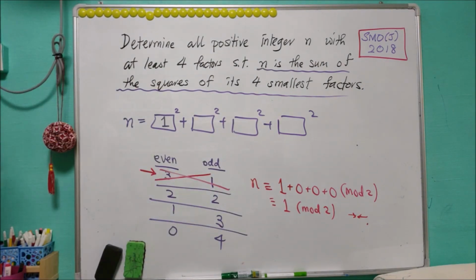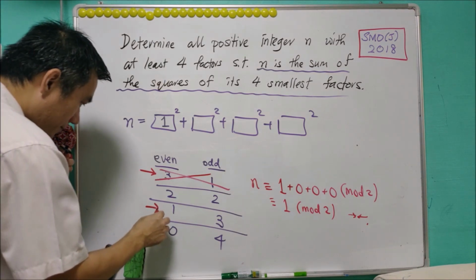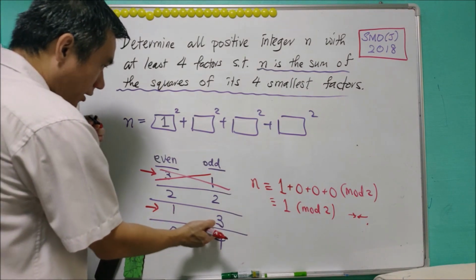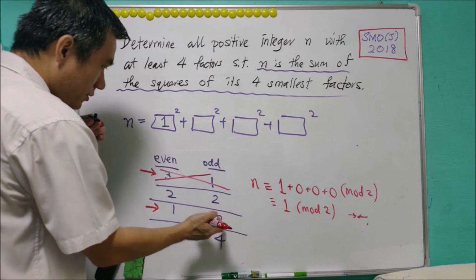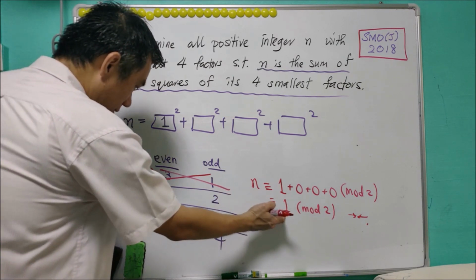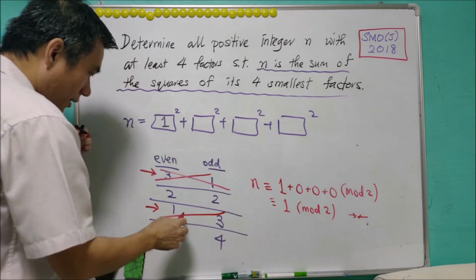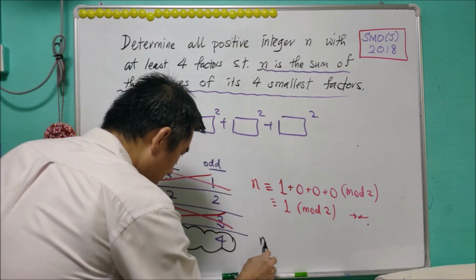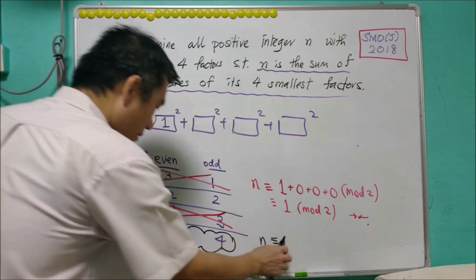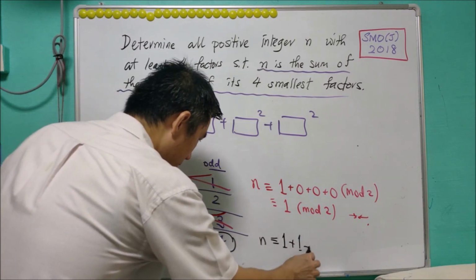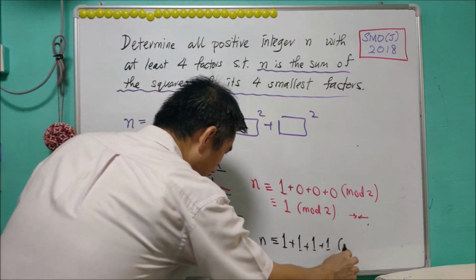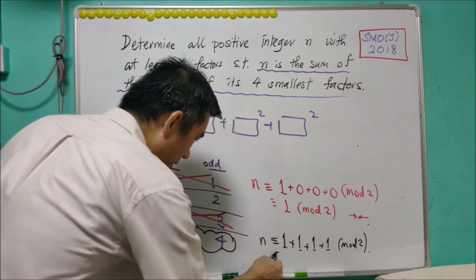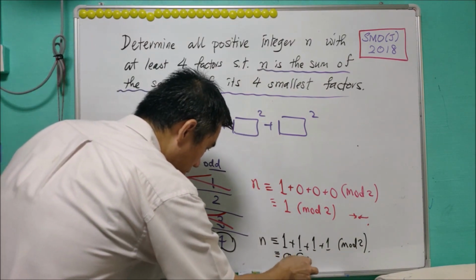We'll do the same thing for this one: 1 even and 3 odd. This also gives you n as an odd number with an even factor. Again, this is a contradiction. And for 4 odd, n will be congruent to 1 plus 1 plus 1 plus 1 mod 2, so it will be congruent to 0 mod 2.